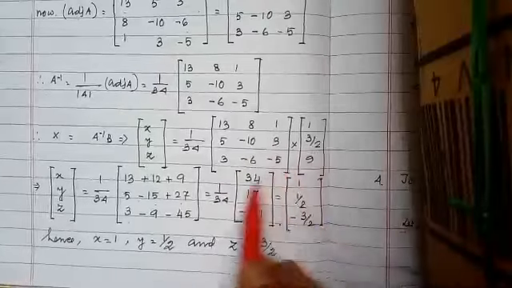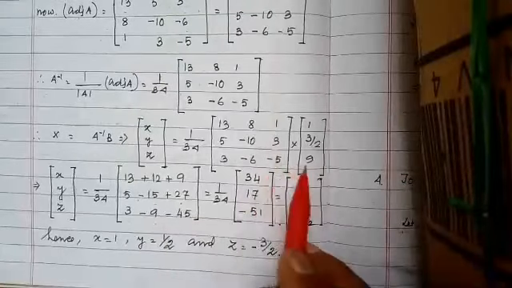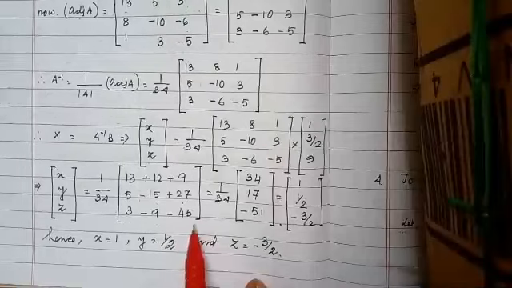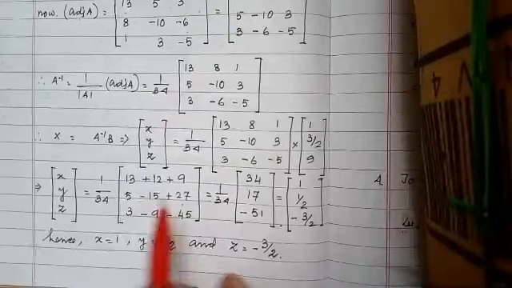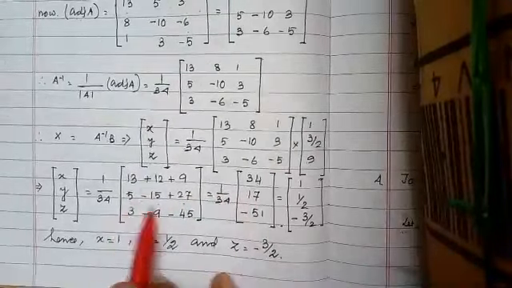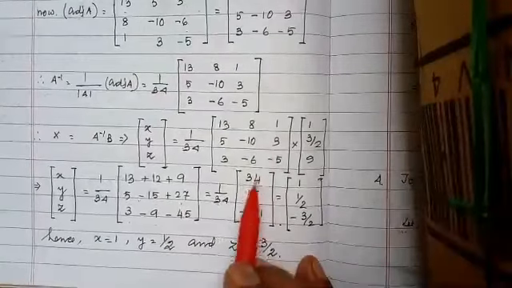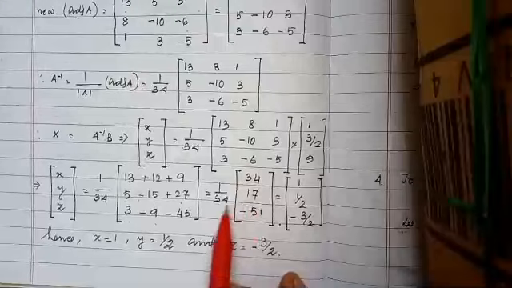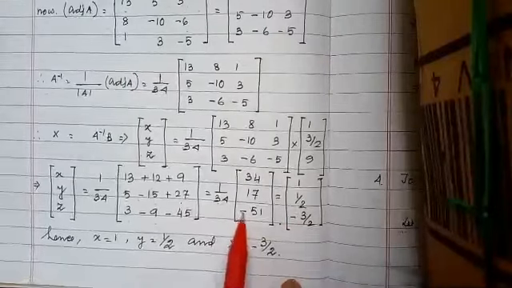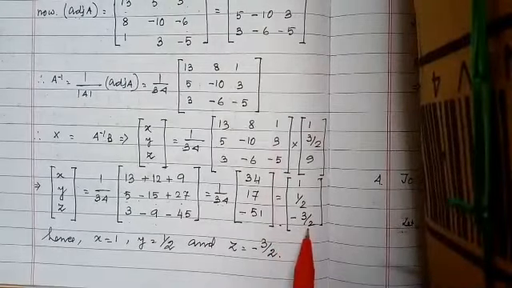Minus 6 into 3 by 2, minus 9. Minus 5 into 9, minus 45. Now 1 by 34. This gives 34, this gives 17, this gives minus 51. 34 by 34, 1. 17 by 34, 1 by 2. Minus 51 by 34, minus 3 by 2.